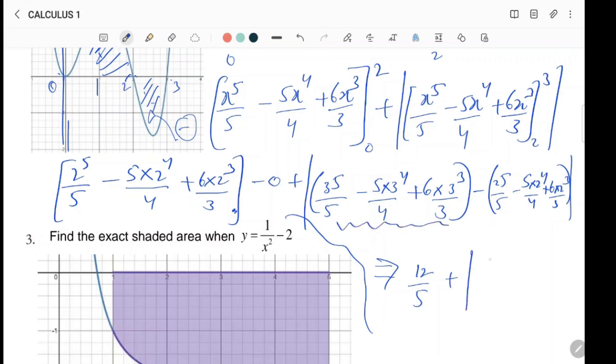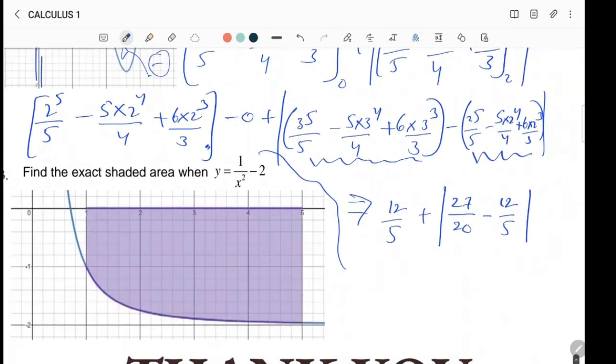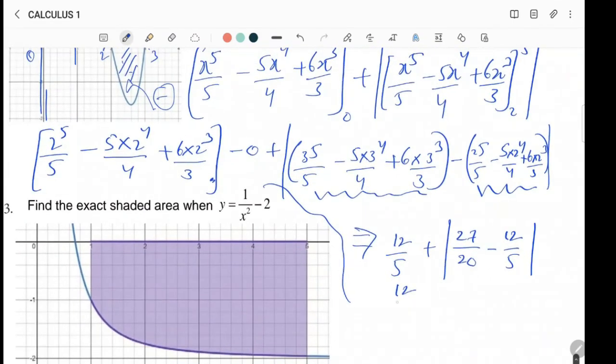This part will give us 27 over 20 minus this part, which will give us 12 over 5. Okay, now this is 12 over 5 plus, now let's calculate this. When you calculate, you will get minus 21 over 20.